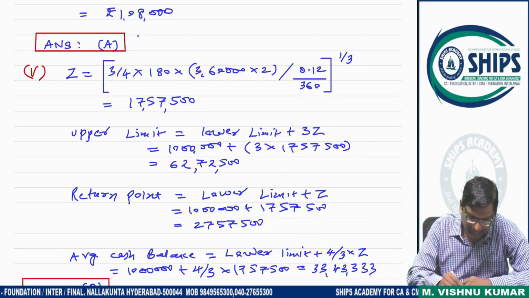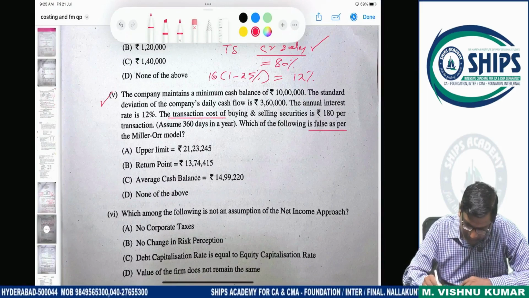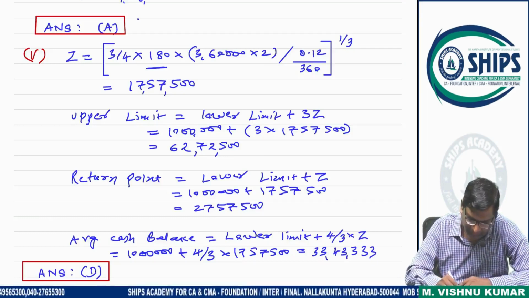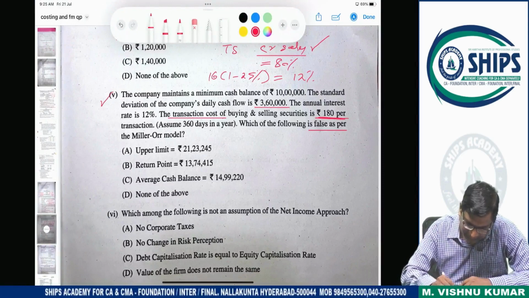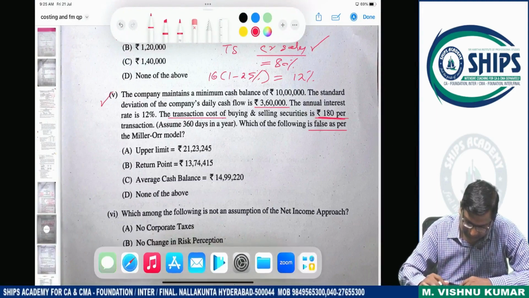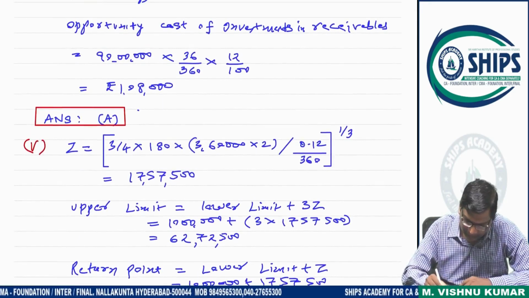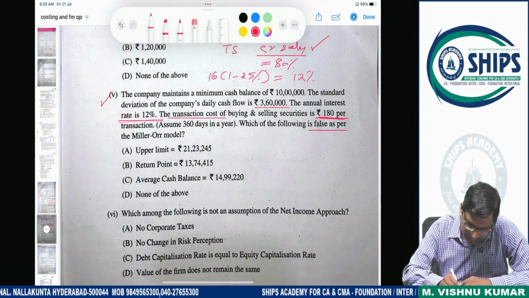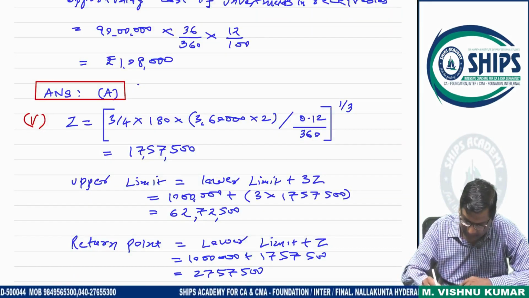How to calculate it? 3 by 4 into transaction cost into 3,60,000, which is the standard deviation of daily cash flow, into 2, divided by the interest rate, 12%, and number of days, 360. So 0.12 by 360, and power 1 by 3.